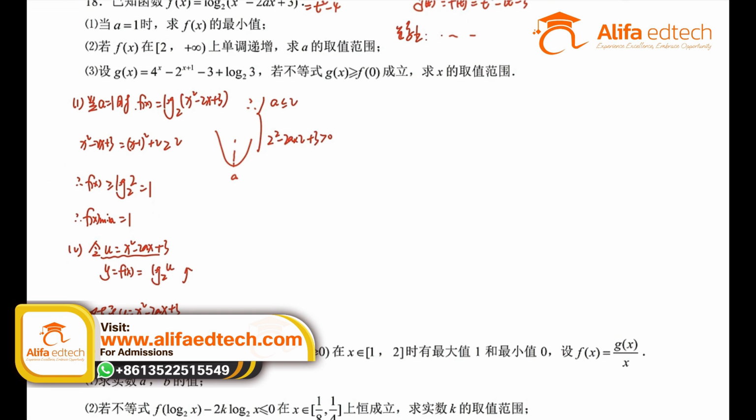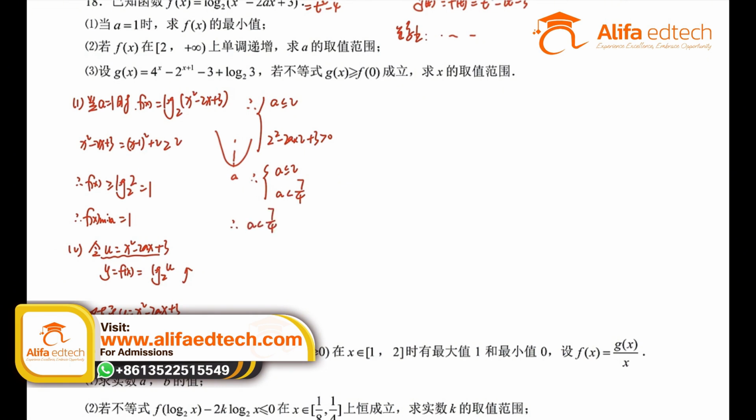Okay, let's solve it. 2 squared is 4. 4 plus 3 is 7. 7 must be greater than 4a. So from that we can solve a, which must be less than 7 over 4. So that means a must be less than or equal to 2, and at the same time, a must be less than 7 over 4. So that means a must be less than 7 over 4.